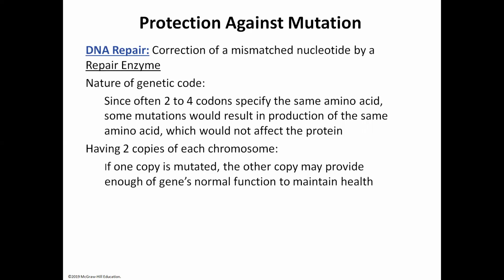So if you had a simple mutation where it was one of those, it doesn't affect the protein. That's okay, and not necessarily a problem. Also, we have 2 copies of each chromosome. So if one copy is mutated, the other copy may provide enough normal function that we maintain health and don't see these big picture issues, like sickness or infection, occur.